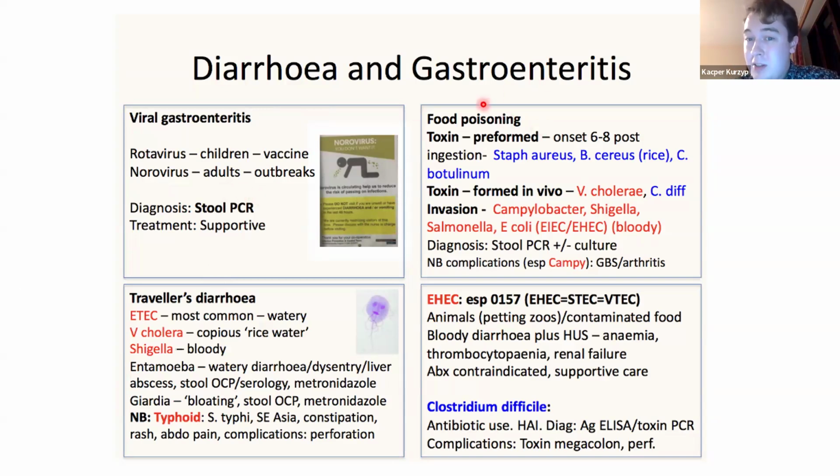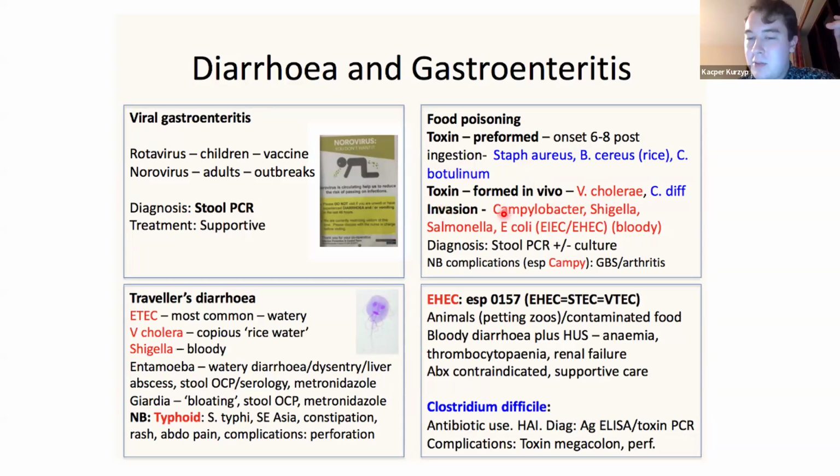You have your food poisonings, so you have your preformed toxins. Now these you will recognize in the question as eating some dodgy food 6 to 8 hours prior, so very quick. So these are your Staph aureus in your reheated foods, your Bacillus cereus in rice, and Clostridium botulinum in your packaged foods. You have in vivo formed toxins.